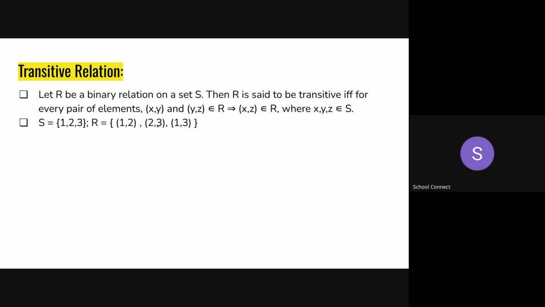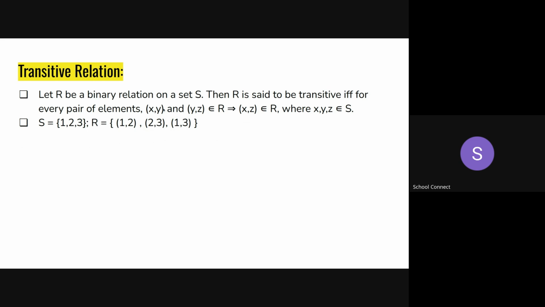So what I mean is (2, 3), if you treat it as (x, y), now x is 2 and y is 3. Now you need one more pair like this to check for (x, z). That particular element should start with 3. And in this particular relation R, you don't have any element that starts with 3. Therefore, you don't even have to check for the (x, z) pair.